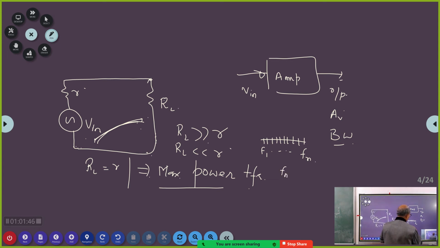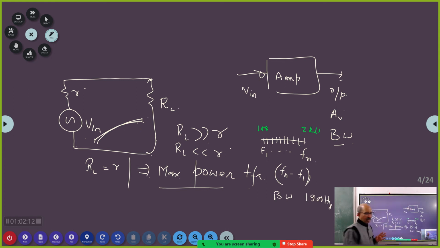So now Fn minus F1, what is Fn minus F1? A number. Supposing Fn is say 2 kilohertz and F1 is say 100 hertz. So 2 kilohertz minus 100 hertz will be what? 1900 hertz. So the bandwidth will be 1900 hertz. Got it?